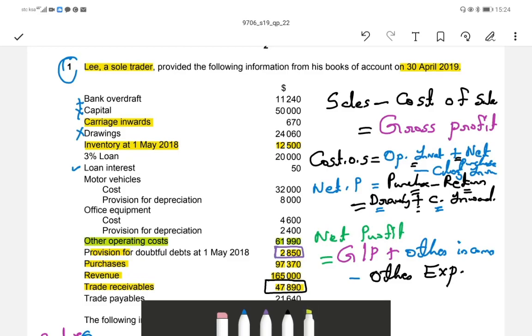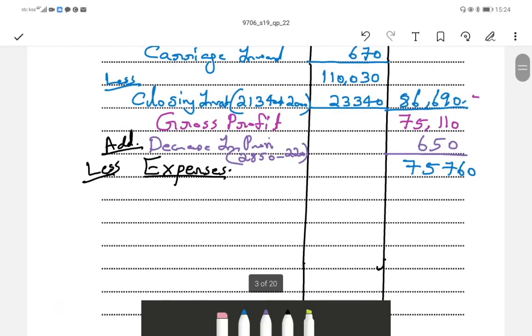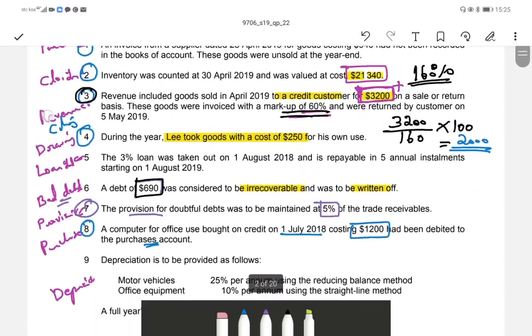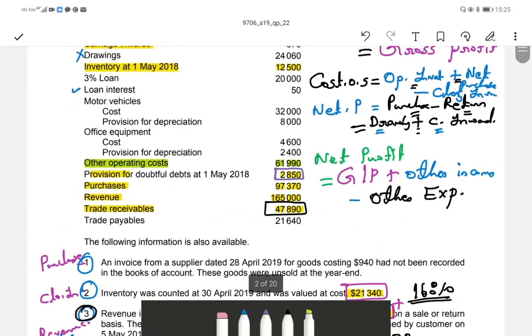61,990. So other operating expense, 61,990. There is no adjustment given in the other expense, right? It's not given here. Next, other operating expense we are done. Next we have to take loan interest here we noted, and the depreciation also.